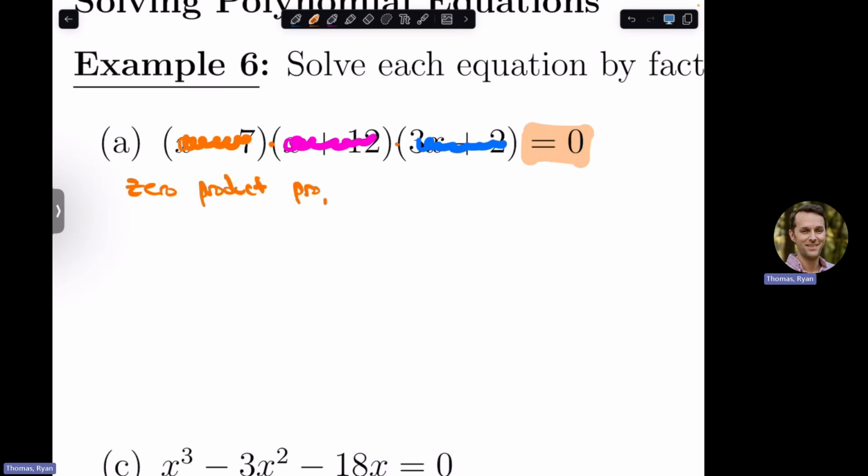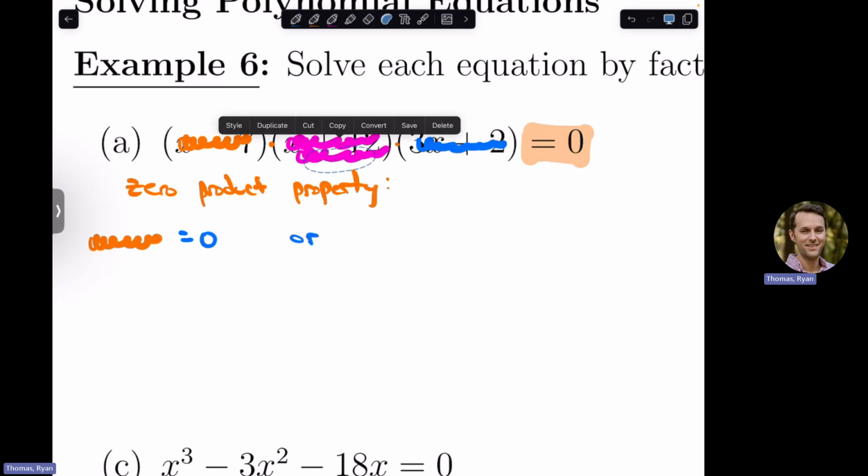And anytime you multiply things, whether it's 2 things or 3 things or a million things, if you multiply stuff together and get 0, the only possibilities are that one of the factors, or more, I guess, but one of them had to be 0. So the options are that either this is 0 or this is 0, or you get the idea, right?